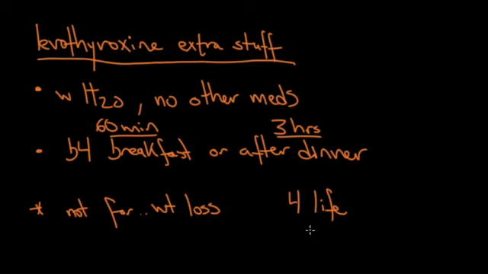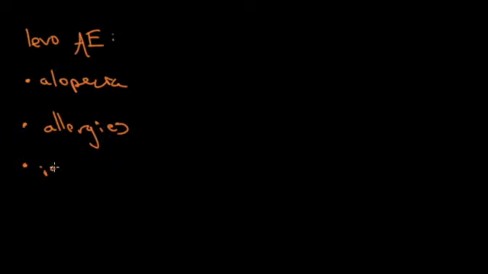It's not really a therapy that gets taken away all that often. So every medication has side effects. So what are levothyroxine's side effects? It can cause alopecia, aka hair loss. People can also have allergies to the excipients that are in the tablets. And then we can also get iatrogenic thyrotoxicosis.